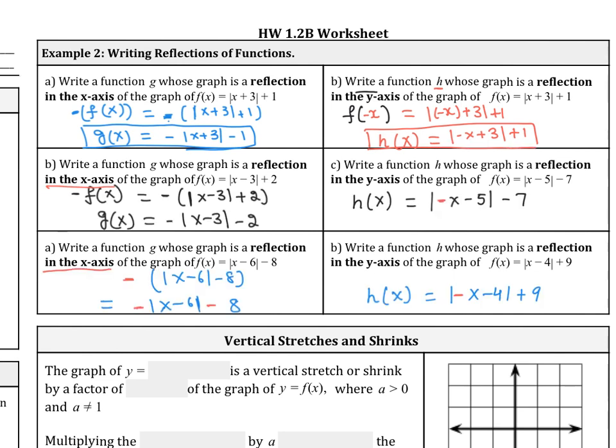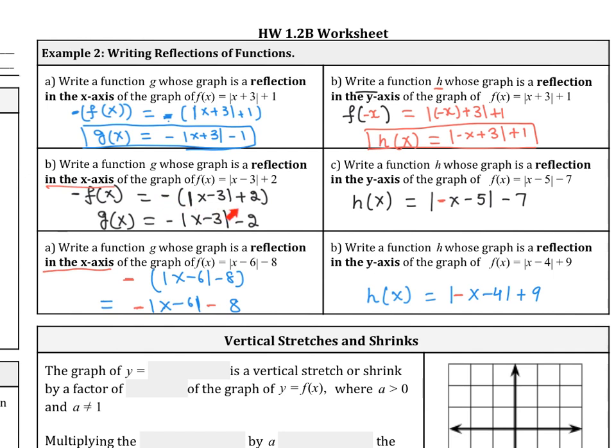The next problem is write a function g(x) whose graph is a reflection in the x-axis of the graph, where the parent graph in this case is f(x) = absolute value of x - 3, plus 2. Whenever we have a reflection over the x-axis, we multiply the whole function by negative.